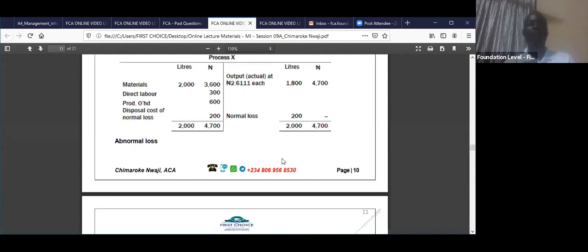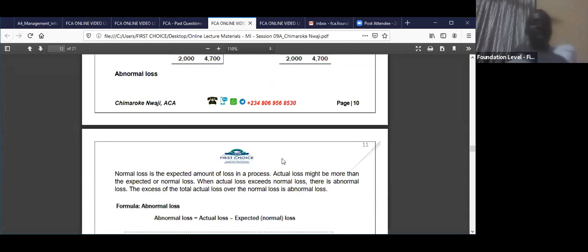Now let's look at abnormal loss. Normal loss is expected loss in the process. Now, when actual loss might be more than expected, then there's what they call abnormal loss.